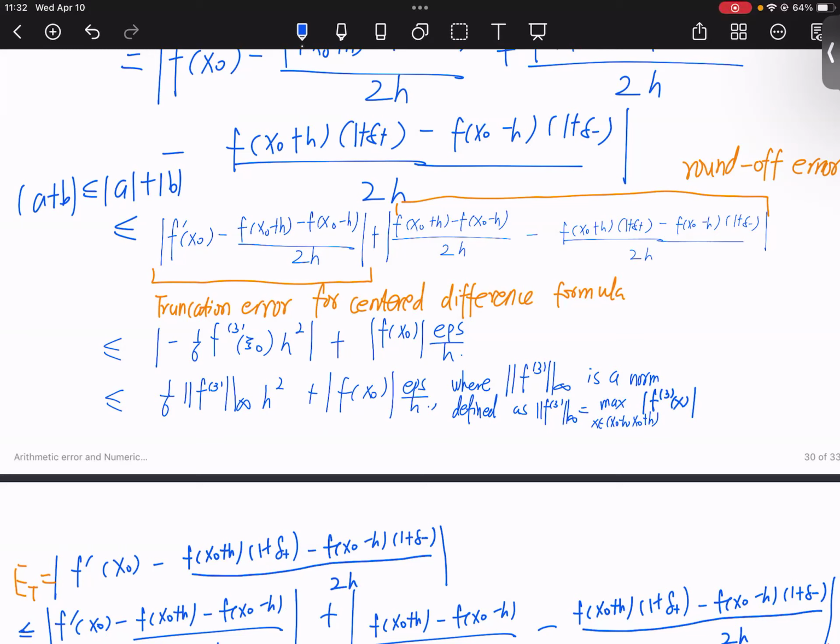As long as the machine precision is a fixed number, and f(x0) is also a fixed number, if we let h go smaller and smaller, then the round-off error is going bigger and bigger. So what is the best h, and how can we decide the best h here?